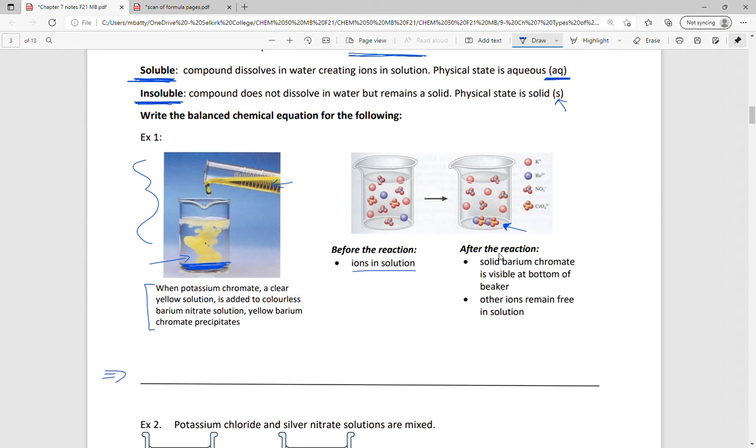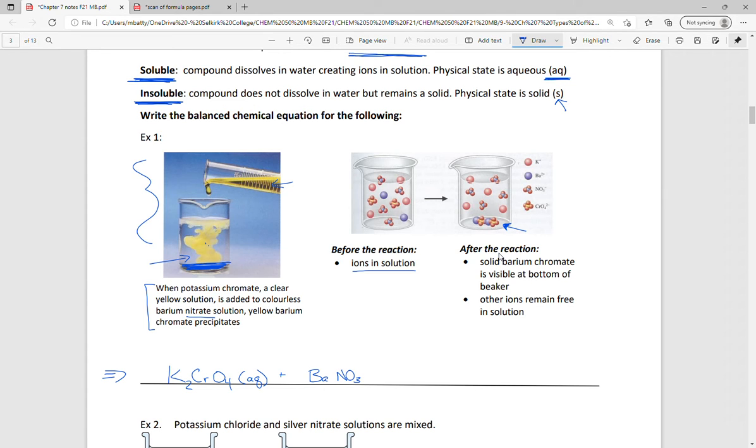So potassium chromate would be KCrO4, but chromate is a 2 negative and potassium's a 1 positive, so it's K2CrO4 aqueous. That means that it's a solution, is added to a colorless barium nitrate solution. So barium and nitrate.